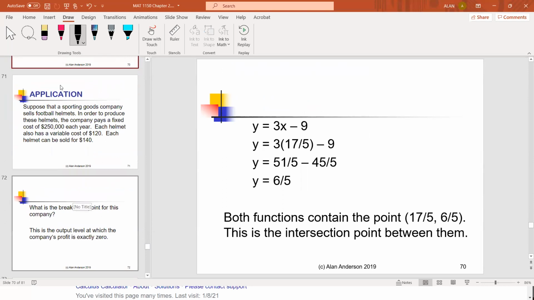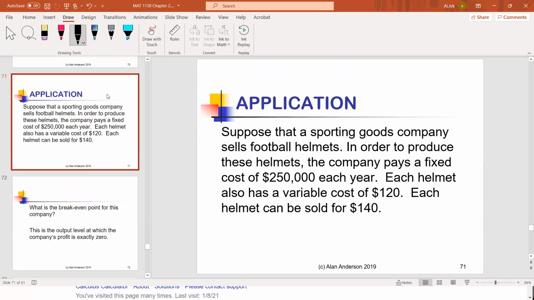Now, let's do a quick example of this with the real world, okay? So we have a sporting goods company that sells football helmets. In order to produce the helmets, they have a fixed cost of $250,000 a year. And on top of that, the helmet has a variable cost of $120. We can sell them though for $140. So now there's going to come a point where the cost of production will exactly match the revenues from selling the helmets.